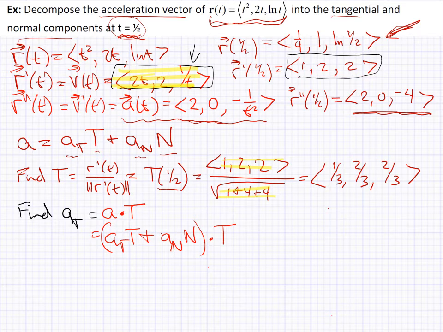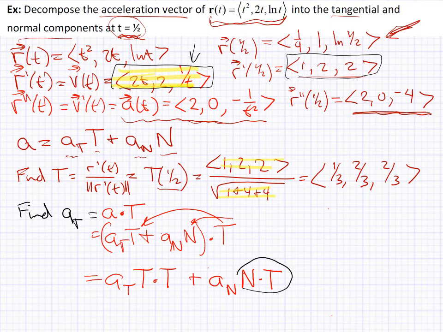well, we saw some properties of dot product with addition, so distribution property. This will distribute in here and here. So I would have a sub t dot t plus a sub n dot t. Now remembering that n and t are orthogonal to one another, that means this dot product right here should be 0.